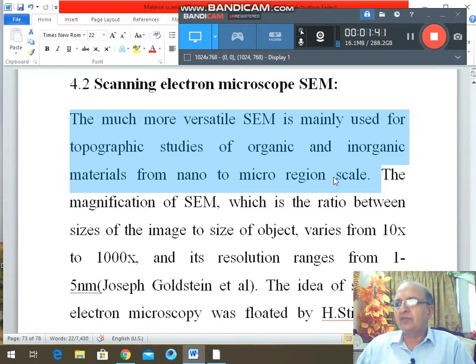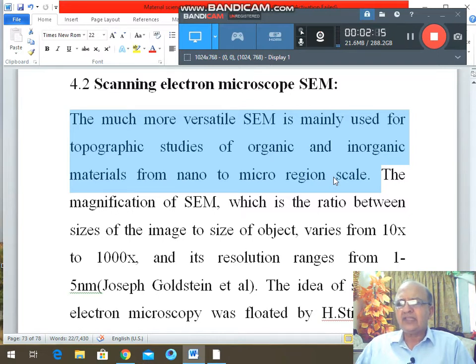When a simple microscope fails to resolve, then we go to an optical microscope, in which we use light. When an optical microscope fails to resolve, then we go to the most modern technique, scanning electron microscope. We will discuss how does it work and how can we view things with the help of the scanning electron microscope.